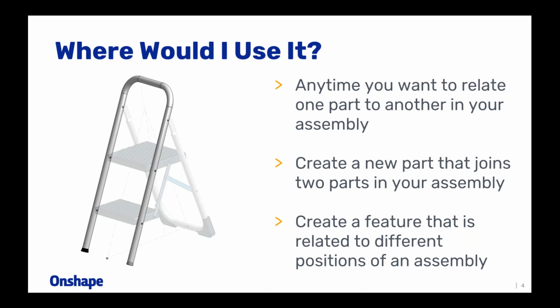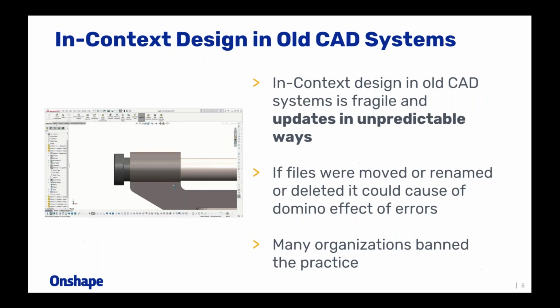That's an excellent example where I can create multiple contexts. That's something that older CAD systems struggle to do or can't do at all, whereas Onshape does it really well. I'll show you an example of what I mean by that in just a bit. So these are just a few areas where you might use in-context design, and I'm going to go over examples of each of them in just a bit.